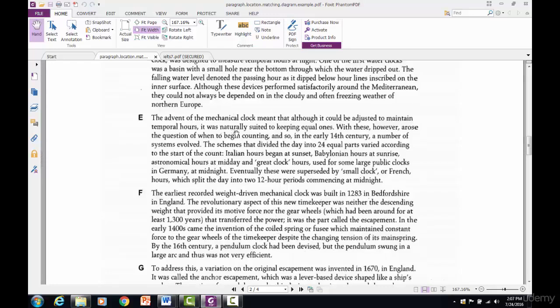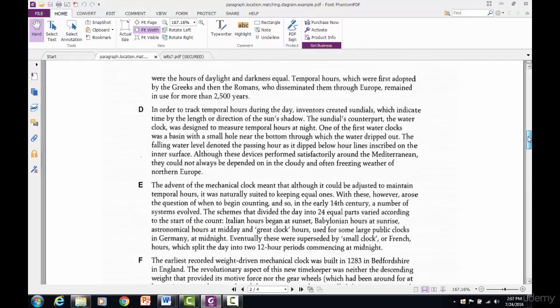When you look at paragraph F, you do see the word timekeeper, right? But you don't just pick an answer because you see the same word. There's no mention in this paragraph about cold temperature, and so that's why paragraph F cannot be the right answer for this one. Okay, we need a paragraph that's talking about cold temperature. All right, E, F, G are out.